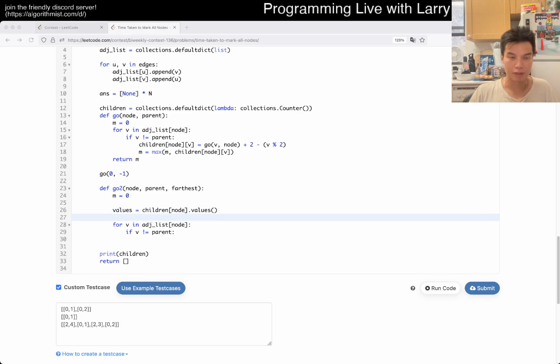What is top 2 again? It's like a heap thing, right? Heapq, top 2, min 2. I always forget. N largest. Oh, it uses just sorted anyway? That's what heap does? Oh, equivalent to. Maybe that's not right. Okay, fine. Oh, but you actually need to know the values, right?